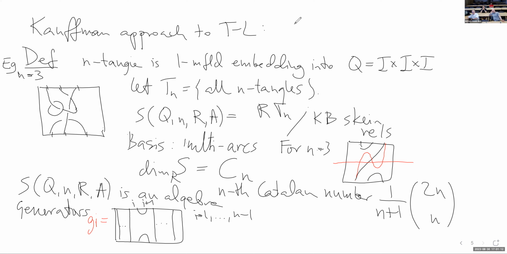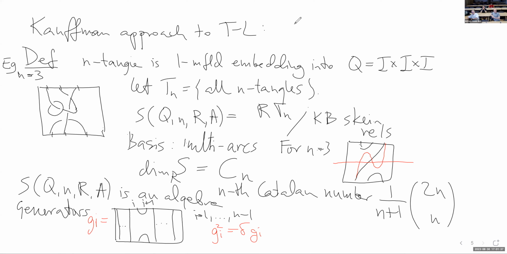This is about relations between these generators. The point is that it is very easy to write relations here. What are the relations? First of all, Gi squared is delta Gi, so it's almost an idempotent.